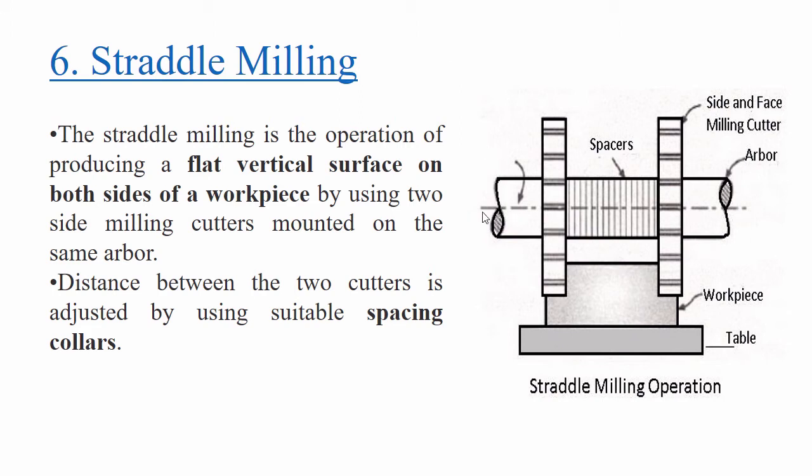The axis of rotation is again horizontal, and the diameters of the two tools that you have used must be equal. This is about straddle milling. If you make use of straddle milling, you are going to end up with vertical surfaces at the end surfaces of the workpiece.